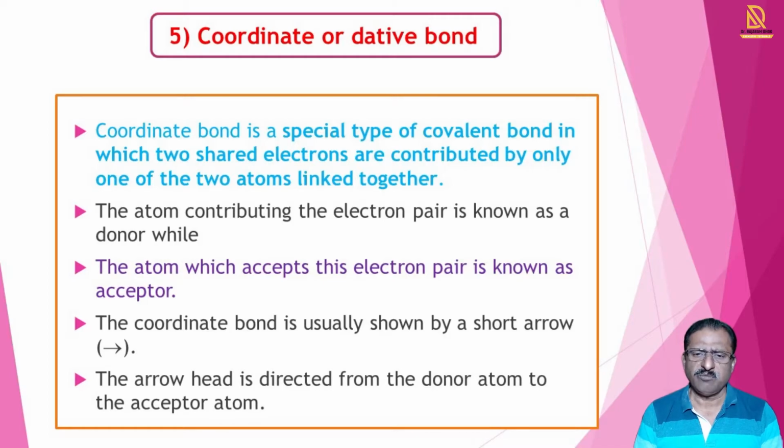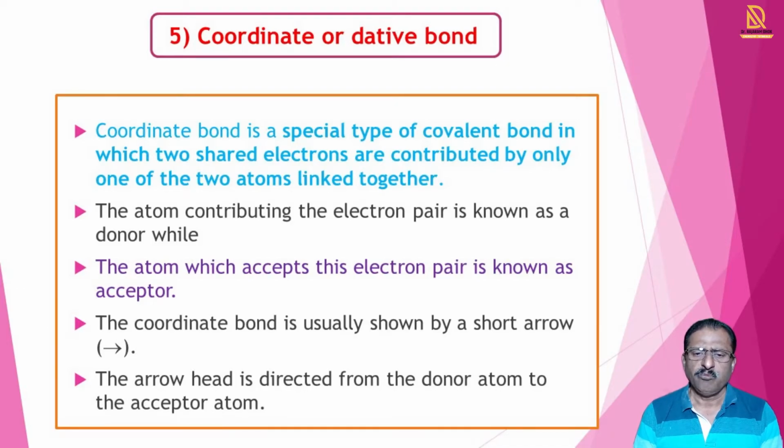So in the coordinate bond, there is a covalent bond in which the two shared electrons are contributed only by the ligands, because a ligand carries a lone pair of electrons, and that ligand's electrons are contributed in the formation of the coordinate bond.